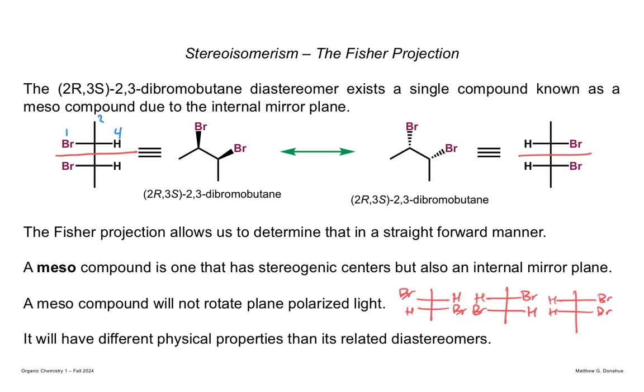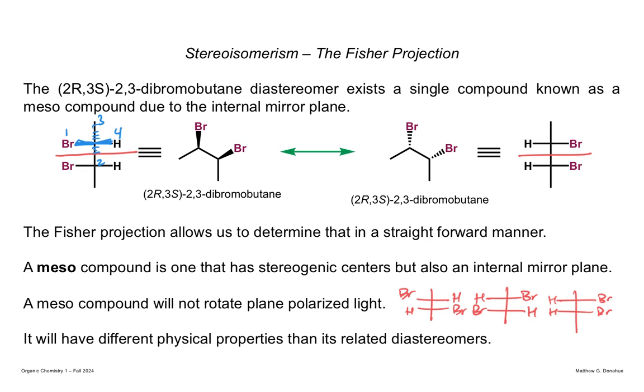We said that carbon was 3, and then that carbon was 2. Now again, what's challenging about this is the horizontal bonds are coming out towards you, the vertical bonds are going away from you.